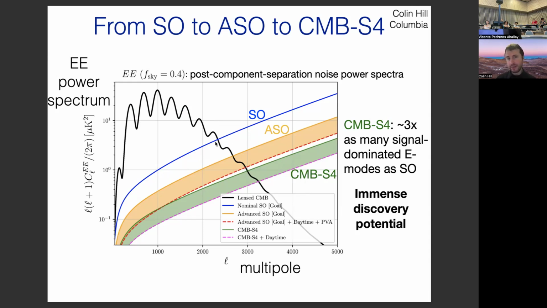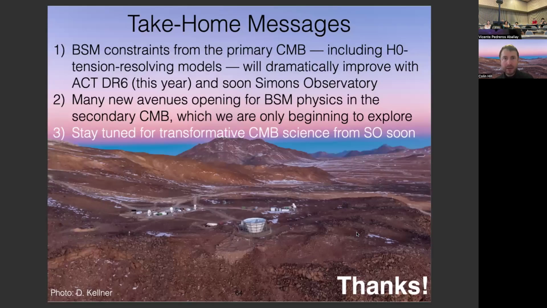What you can see is that we push the noise further and further down as we build out these more sensitive experiments, such that we should map the E-mode polarization to levels comparable to where we're at with temperature within the next decade or so. So there's really immense discovery potential to look for very subtle hints of new physics out here in the high resolution CMB.